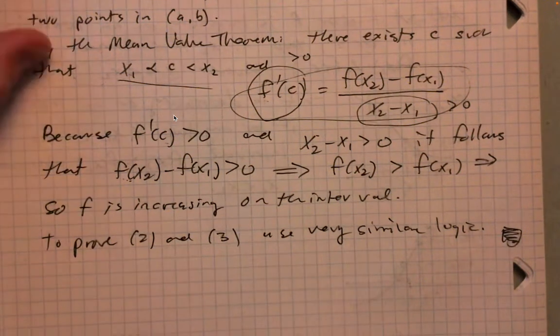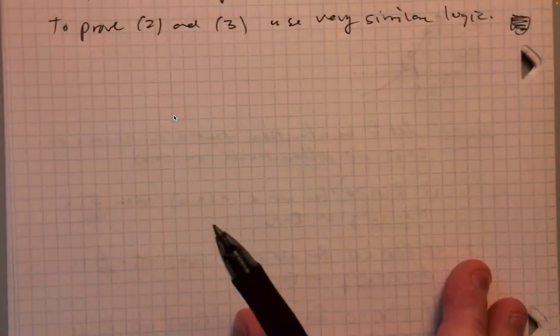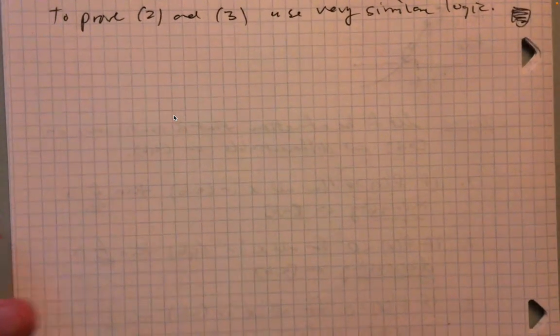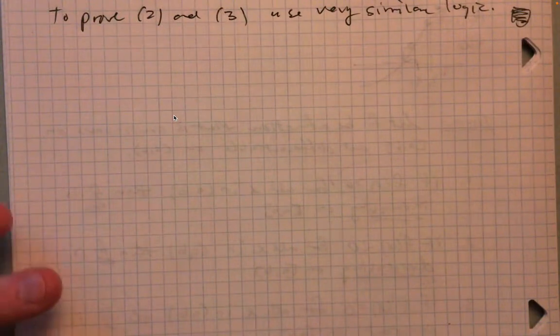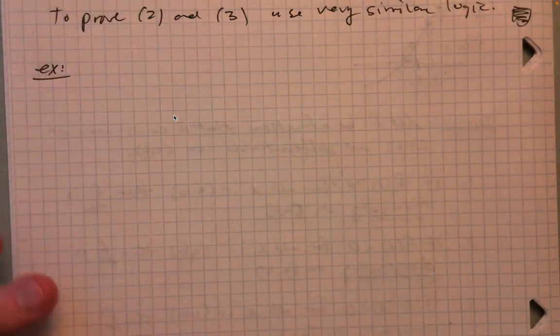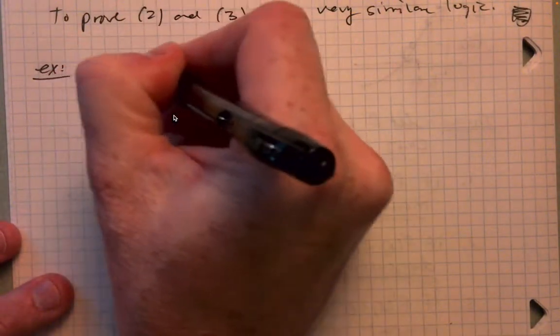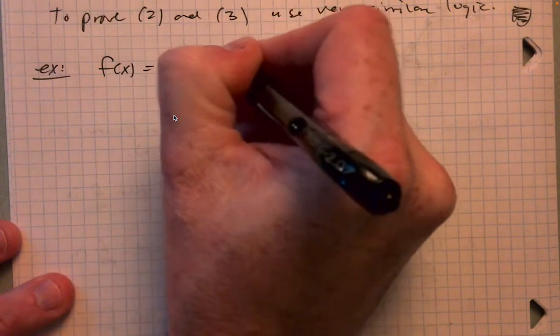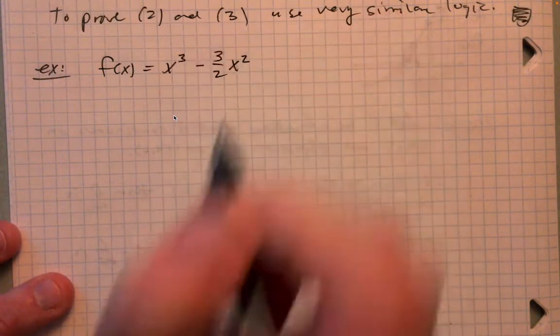Excellent. Okay, so let's see an example where we can use this theorem and see what it can tell us. Example: let's start with the function f of x equals x cubed minus 3/2 x squared.